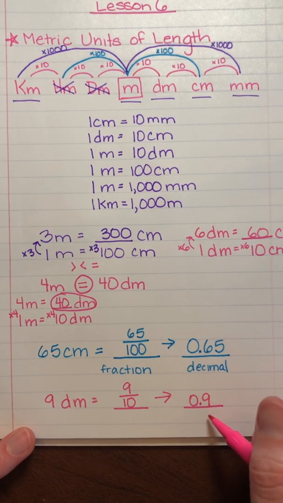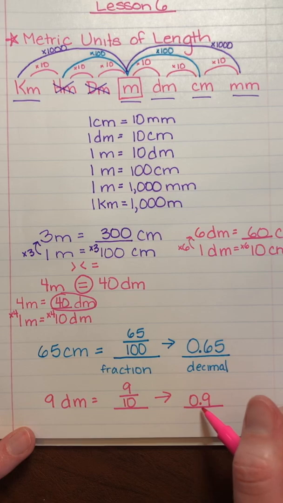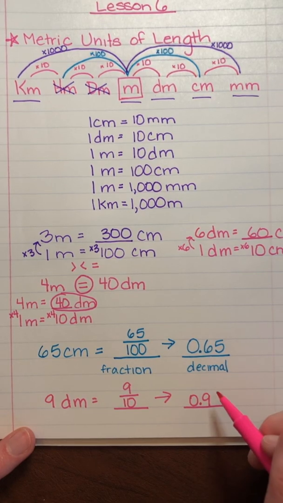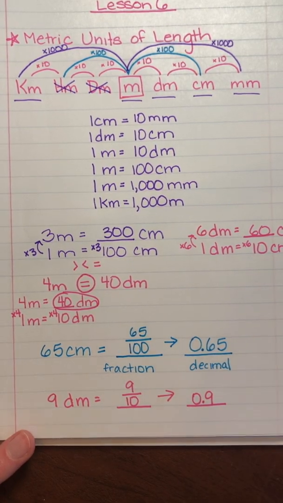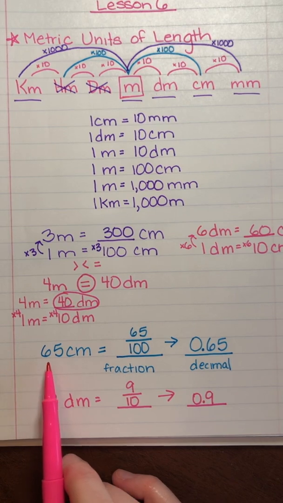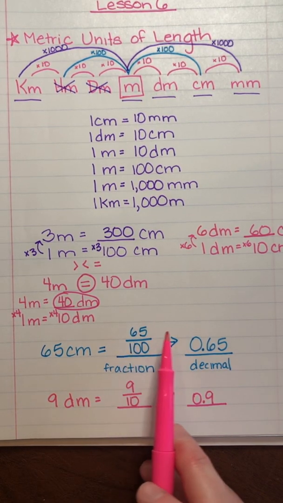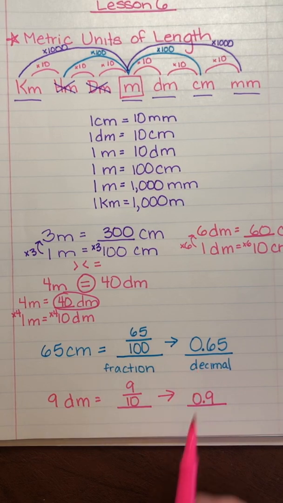And 9 finishes in the tenths place value, which matches my denominator. So I've got 0.9, or 9/10 would be the appropriate way to say it. Okay, so both of those are examples of how to change your measurement into a fraction and into a decimal.